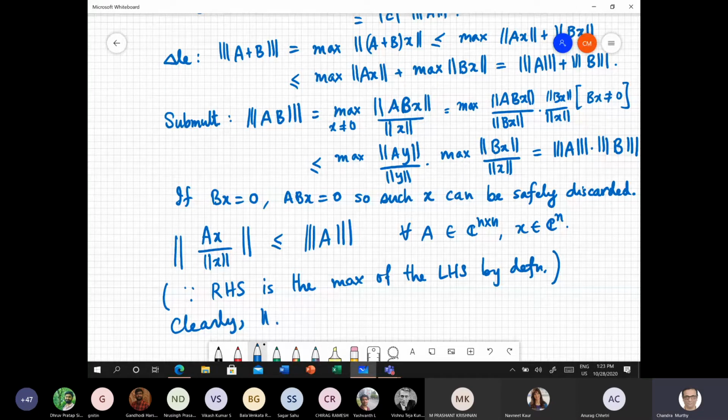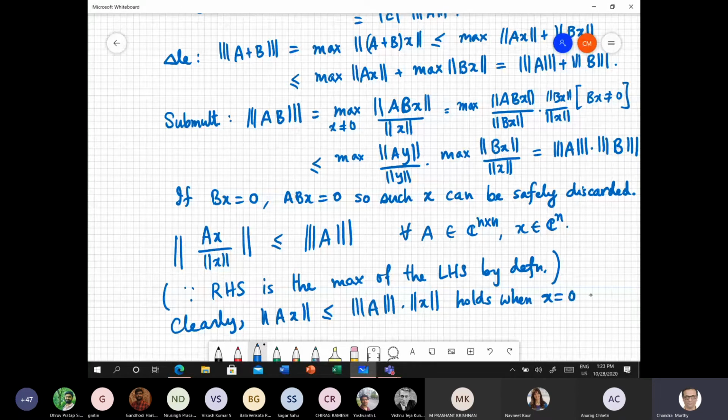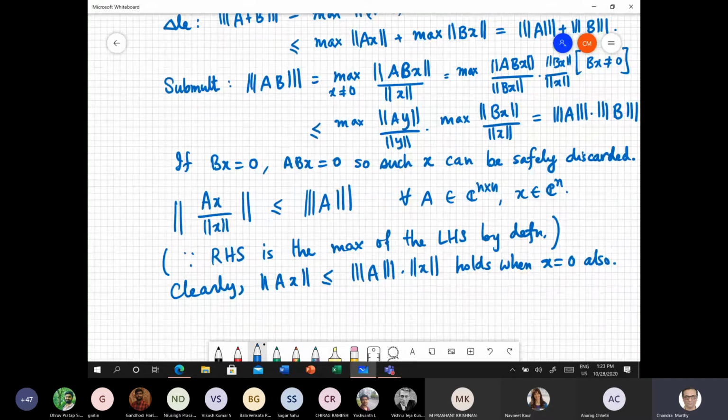Clearly this norm Ax less than or equal to norm A norm x holds when x equals 0 also. So basically, I can simply take this norm of x to the other side, and hence norm Ax is less than or equal to the matrix norm of A times the vector norm of x.